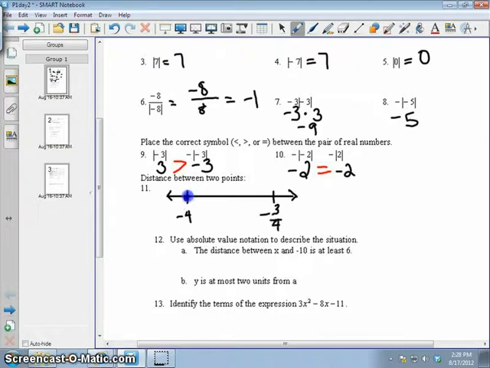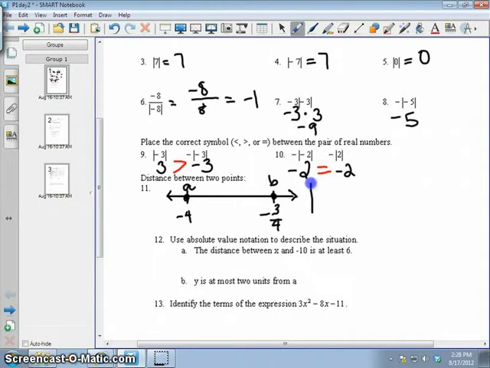So we've got 2 points on the number line. We will call the negative 4 point A and the negative 3/4 point B. And the distance between the 2 points is the difference between the 2 points.